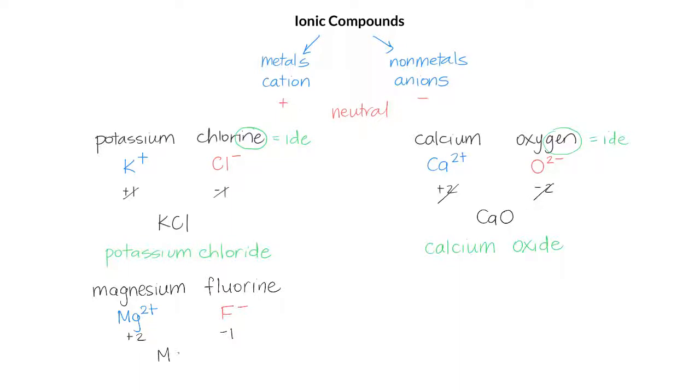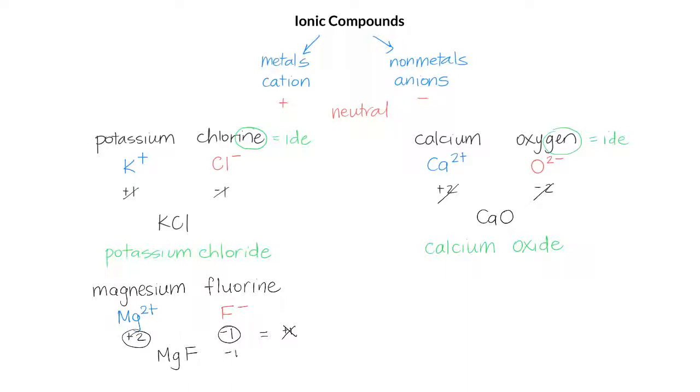If we put the compound together like this, our charges will not cancel because 2 plus a -1 would still leave us with an overall charge of +1, and that's not what we want.